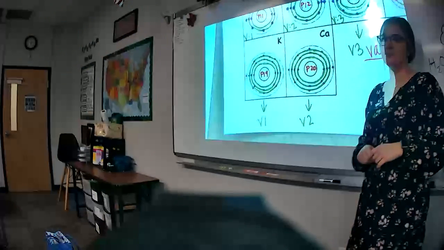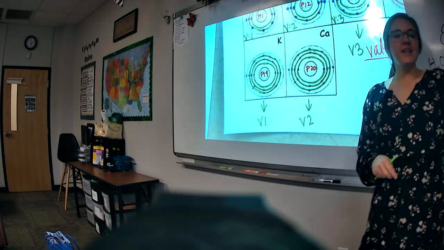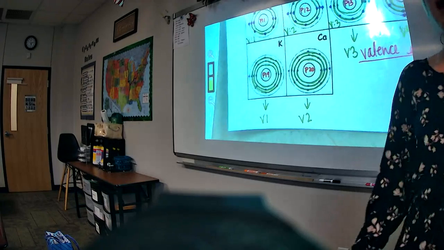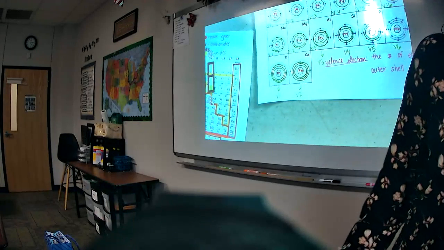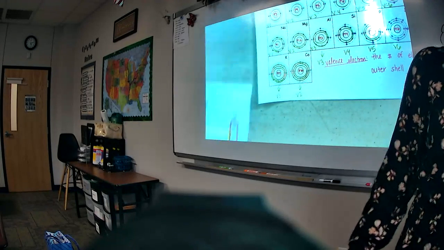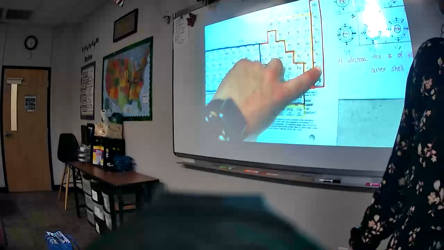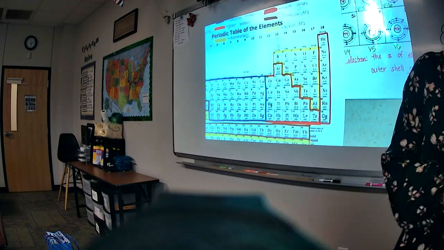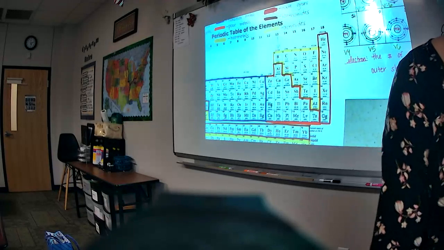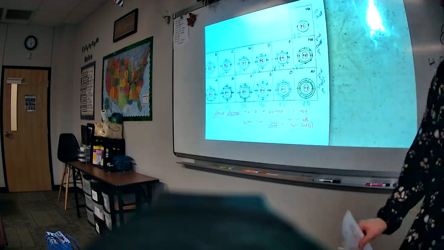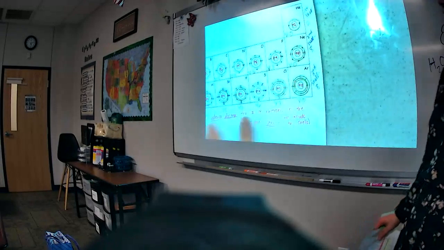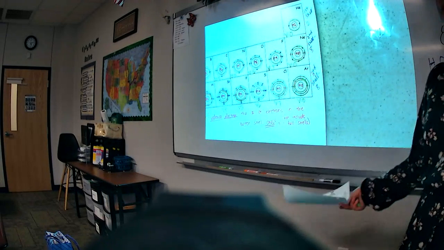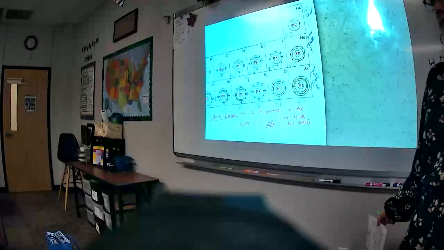Of the entire table, the only elements that you can find in nature just by themselves is group 18, the noble gases. They're the only ones that exist without bonding to something else. Why? Because every single atom in that group has a full outer shell. It has no need to bond with anything else. Does that make sense?